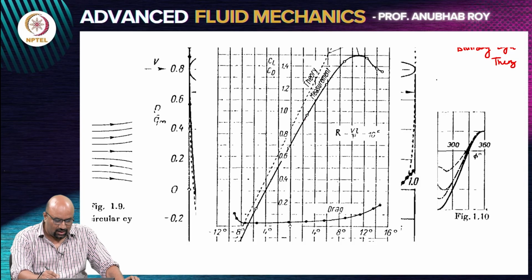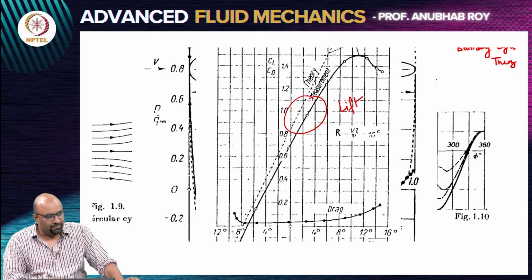So, you have the earlier picture that I showed, which was regarding lift: lift as a function of angle of attack. What you get from potential flow and what you get from experiments are in fairly good agreement. So, it is not like potential flow is all useless; you get that quite reasonably well.